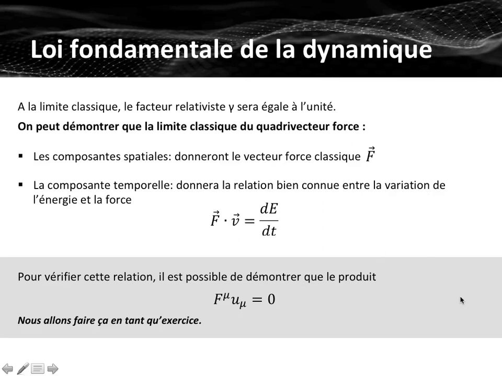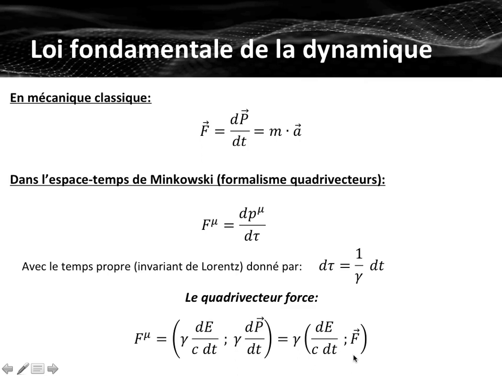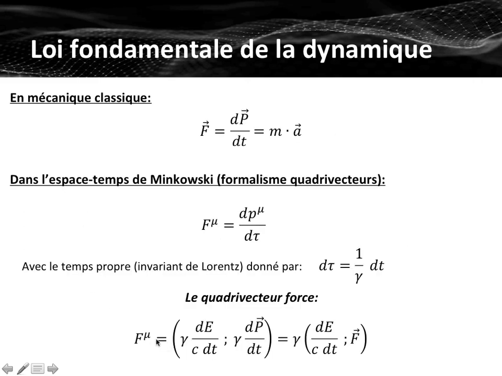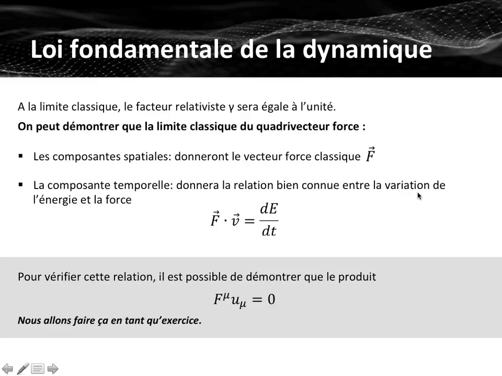In the non-relativistic limit the gamma factor goes to 1, and then the spatial components of F mu just become the classical force F, while the temporal component, the first component F0 of the four-vector F mu, gives us a relation that you must know from classical mechanics: the temporal variation of the energy is nothing else than F times V, V being the speed of the system, which has the energy E.